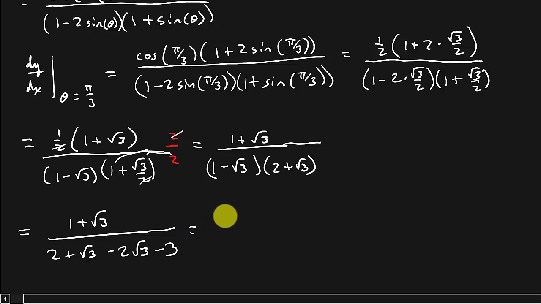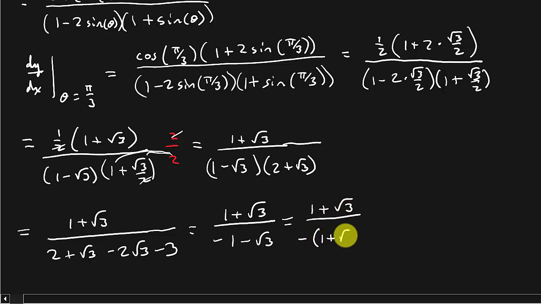And so this is going to give us 1 plus square root of 3 over, let's see what we got here, negative 1 minus square root of 3. Oh, look at that. That worked out real nice, didn't it? Let's factor out a negative 1. Look at there, 1, 1. So we got negative 1. There's your slope.